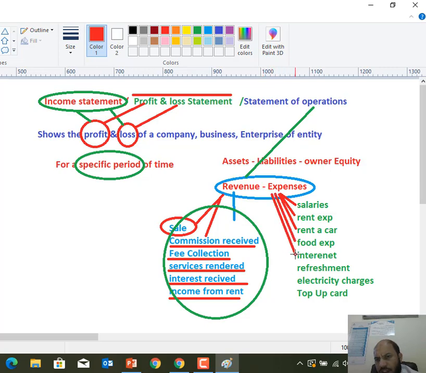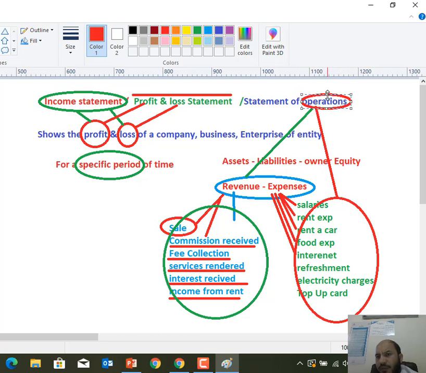So these expenses within a business, all of these expenses have a relationship with the daily activity of the business. And when it has a relationship with the daily activity of the business, we can call it operations.